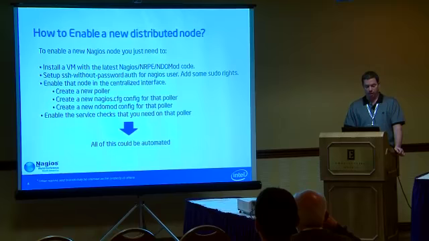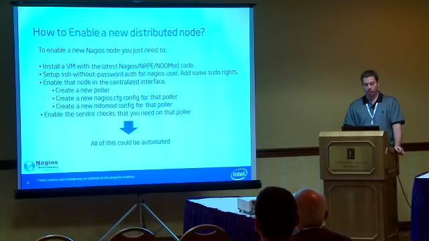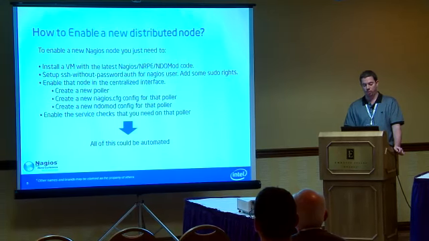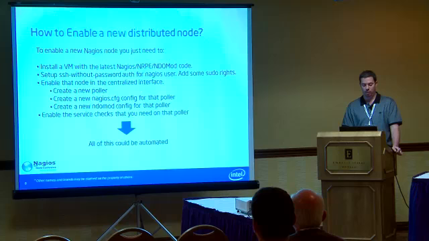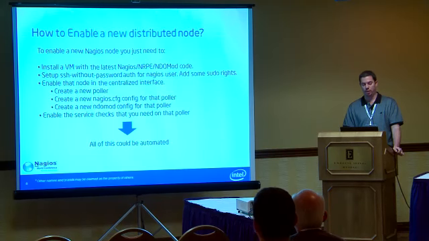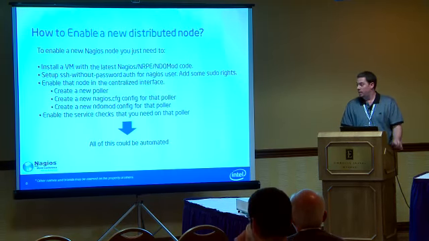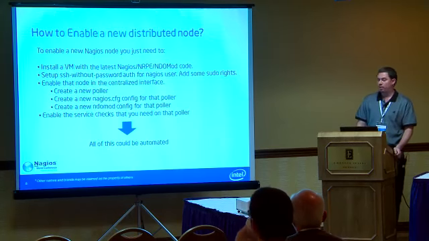To enable it, create a new poller, create a new nagios.cfg config for that poller, create a new NDOMod config for that poller, and enable the service checks that you need on that poller. As it says here, all of this could be automated with Chef or Puppet.